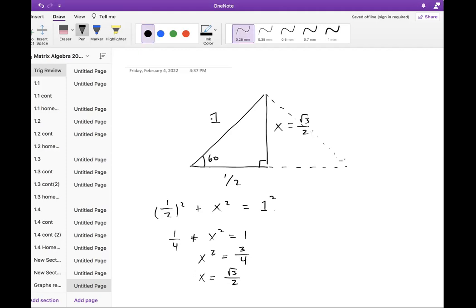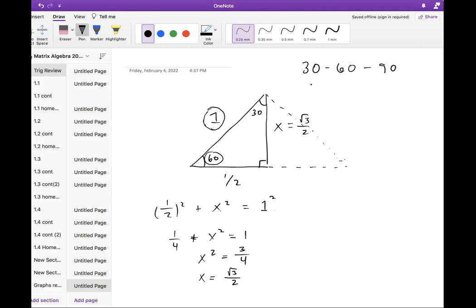Whenever I have a triangle with hypotenuse 1 and an angle 60, these must be the other lengths of the triangle. And of course, this angle is 30 because we figured it out earlier. So we might call this the 30, 60, 90 triangle.